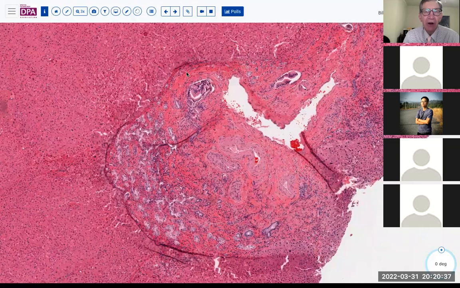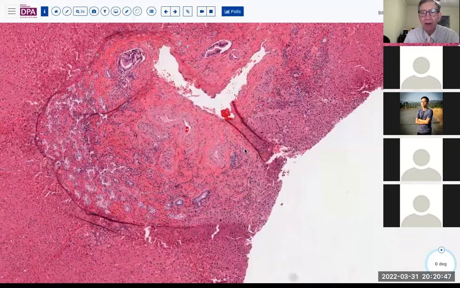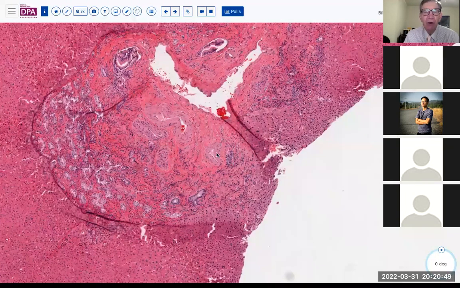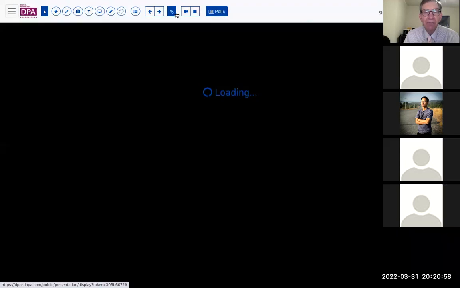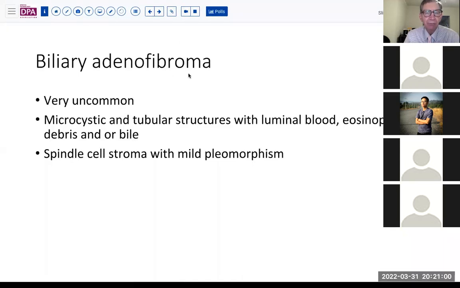So bile duct adenoma: small rounded lesions, variable vessels, fairly uniform nuclei, maybe some inflammation, even granulomas and so forth with these lesions. Usually an incidental finding and benign. Biliary adenofibromas are very uncommon.